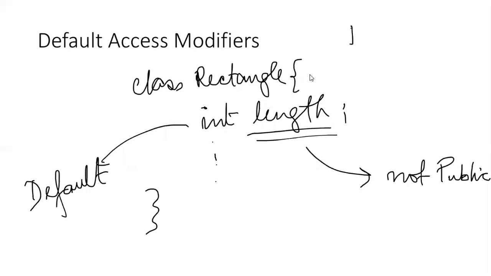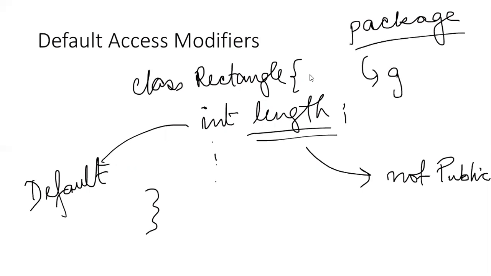I'll just write down the term here, package. For the time being, just remember that a package is nothing but a group of classes. So when in one Java file you are creating two classes, we can say that they belong to the same package. So that is your default access modifier.